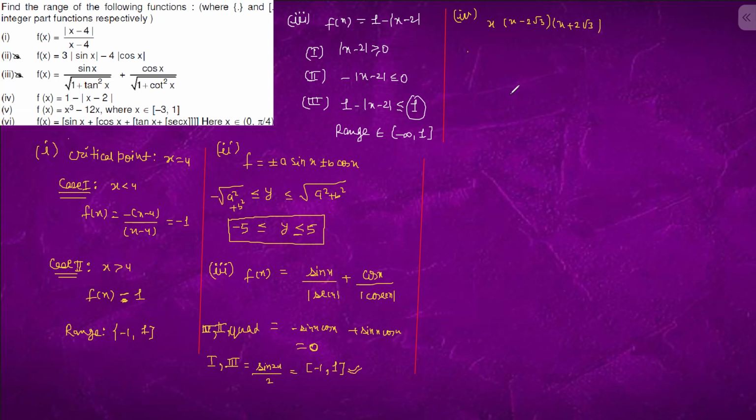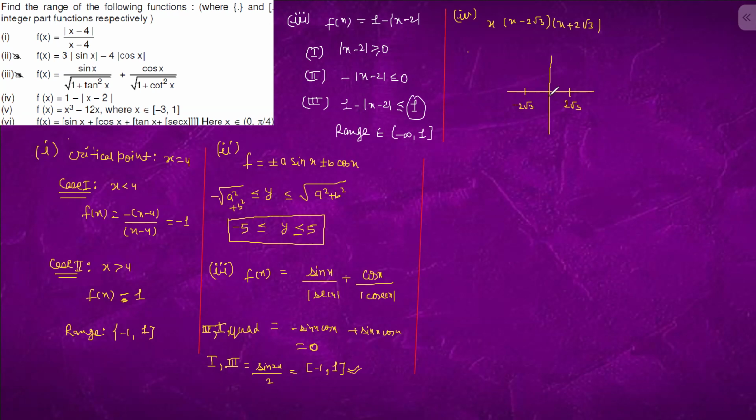And when x is positive, it is positive. So if you see on the coordinate axis, we have 3 roots. When x is negative, when x is 2 root 3, and x is minus 2 root 3.